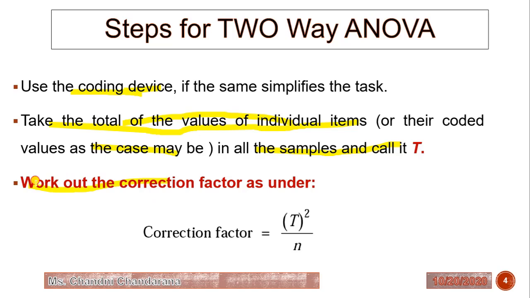This is the second step: we have to work out the correction factor by this equation, T square divided by N. N is the number of samples and T is the total of the values of individual items.